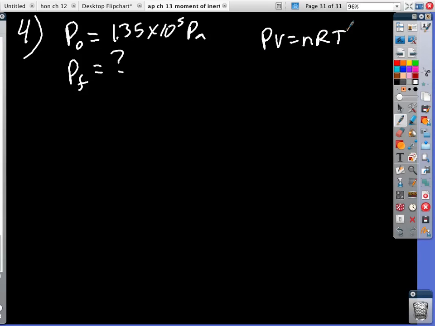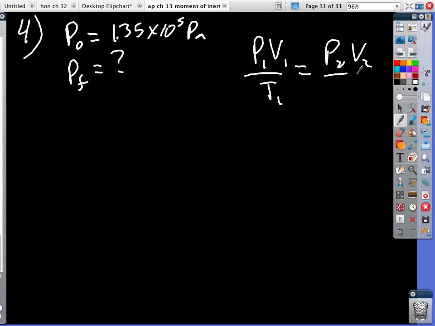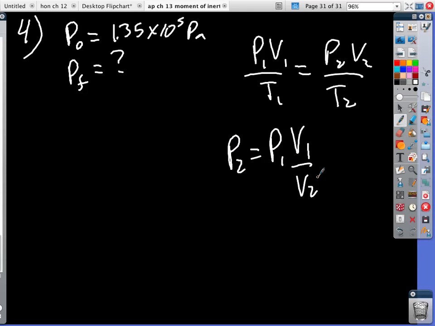Oh yeah, okay, cool. We knew the 0 degree air. Actually, I don't think we need to do that. Let's do this. P1 V1 over T1, remember this from chemistry? So P2 is going to be equal to P1 times V1 over V2 and T2 over T1.